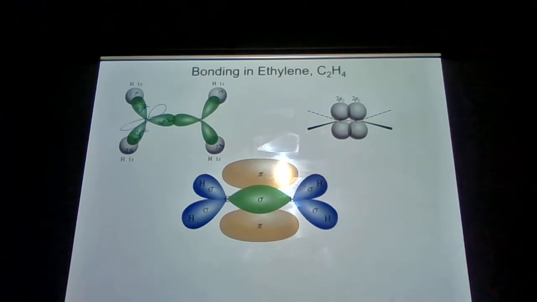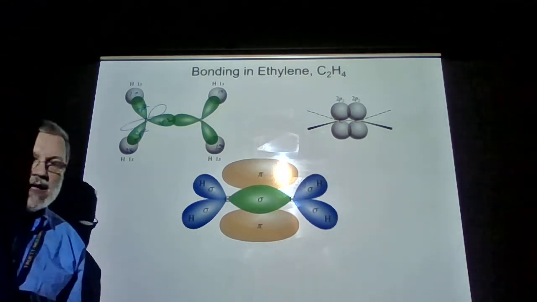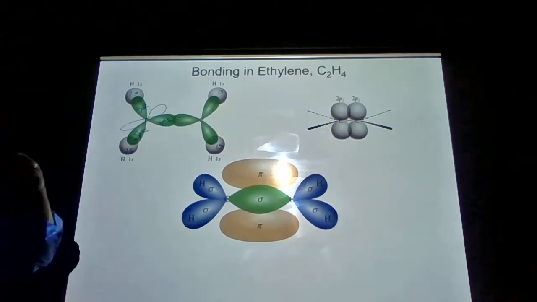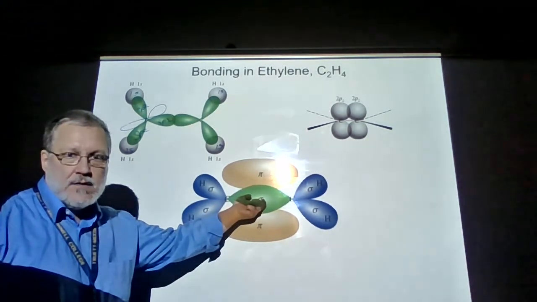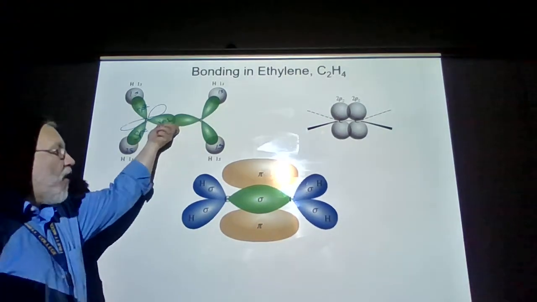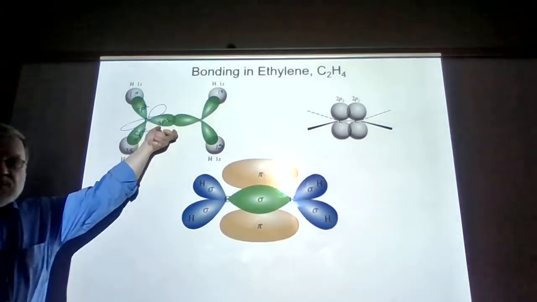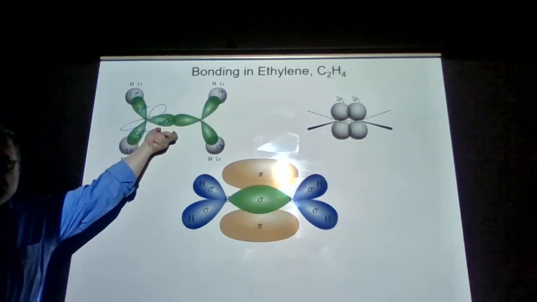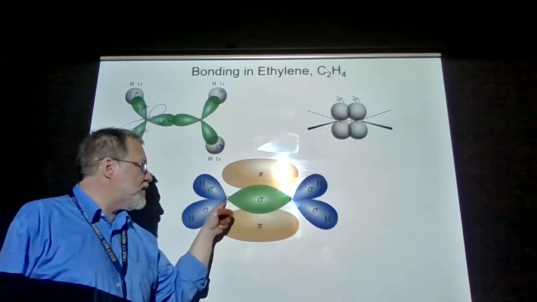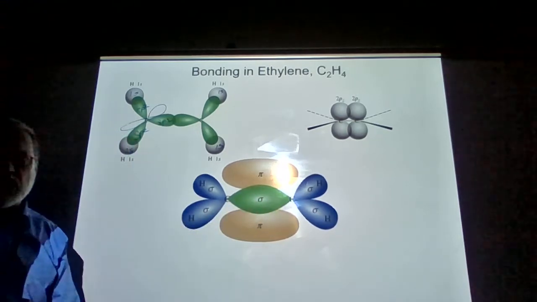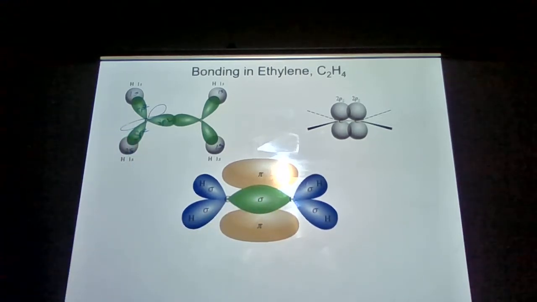We can have two kinds of bonds. We have a single, what's called a sigma bond, which is the overlap of these sp2 hybridized orbitals. So the direct single bond between this carbon and this carbon is called a sigma bond. There is a second kind of overlap that forms a bond in ethylene.